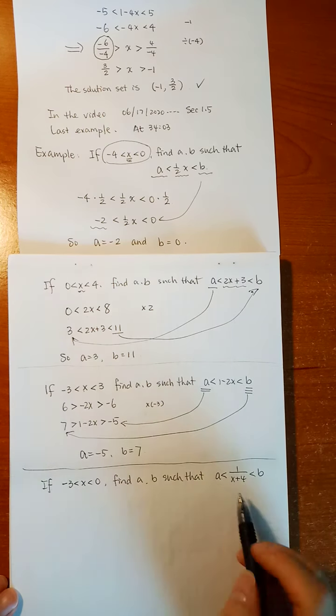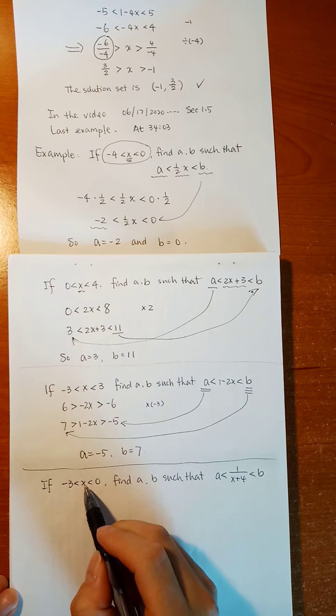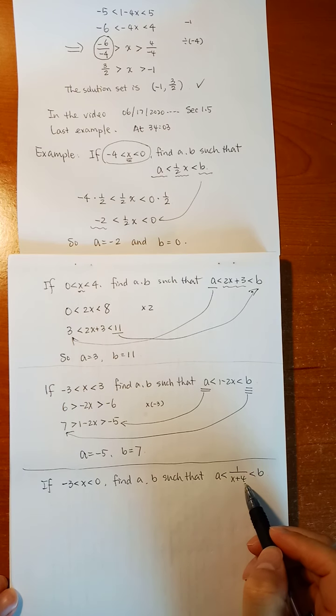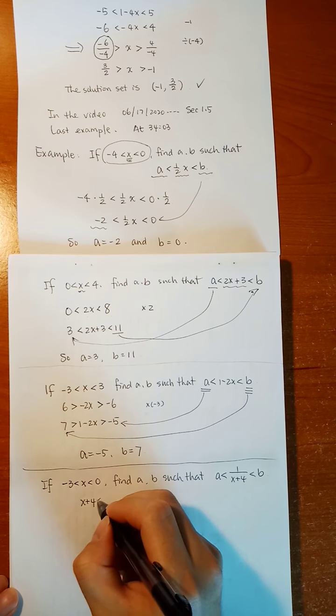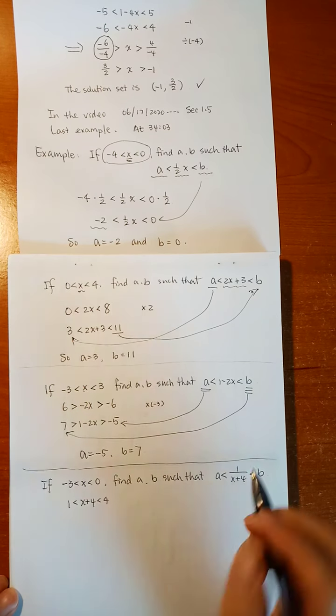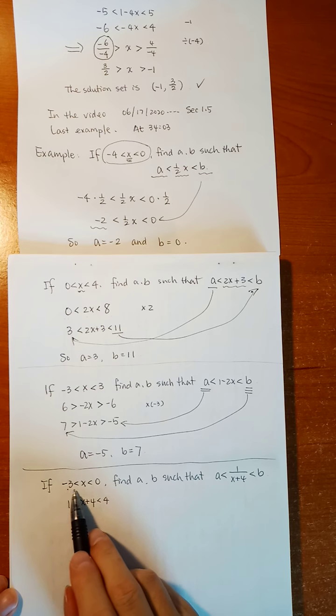Okay, so again, we're going to handle x so that we get 1 over x plus 4. So first you add 4. Right? You add 4 for all 3 parts.